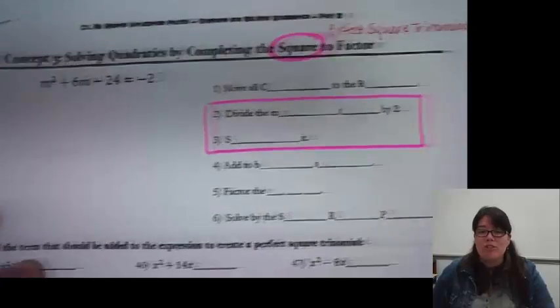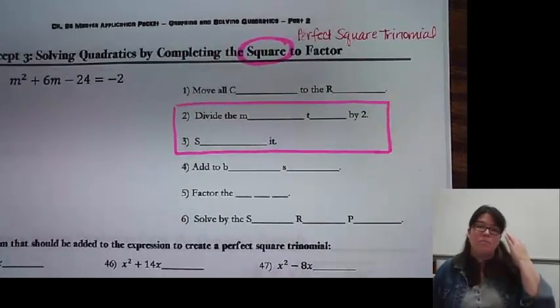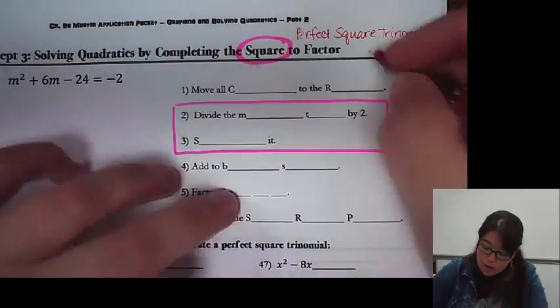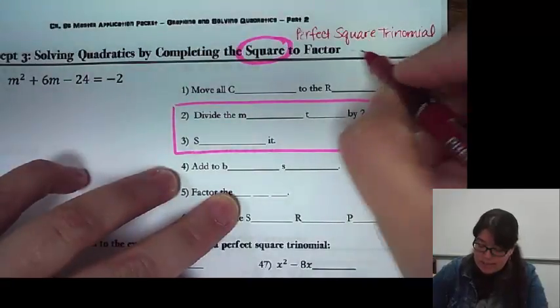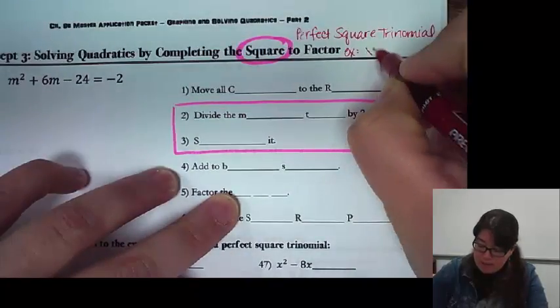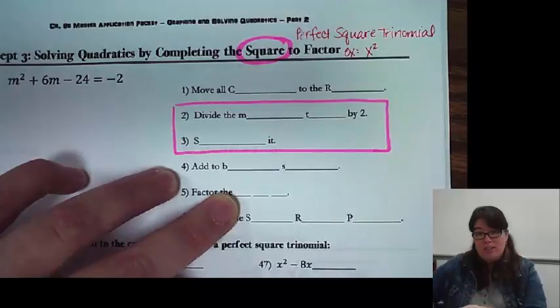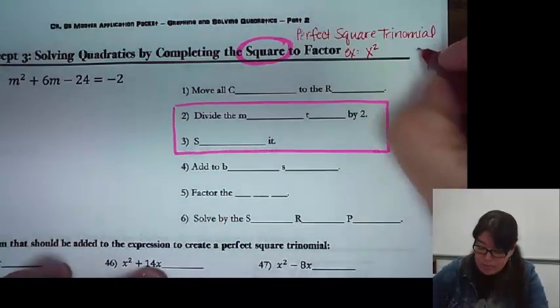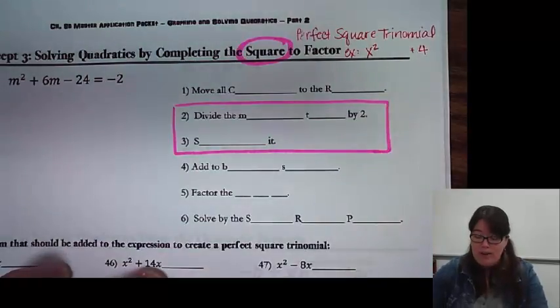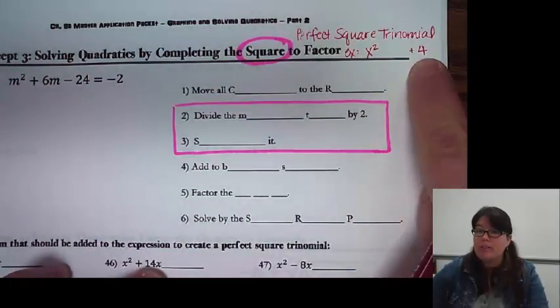A perfect square trinomial is a quadratic that has a special form. It's where the first term, this is an example, the first term might be something like x squared, where the first term is squared. And the last term, let's say, is also squared. We'll call it 4, okay? Because the square root of 4 is 2. So this is a perfect square.